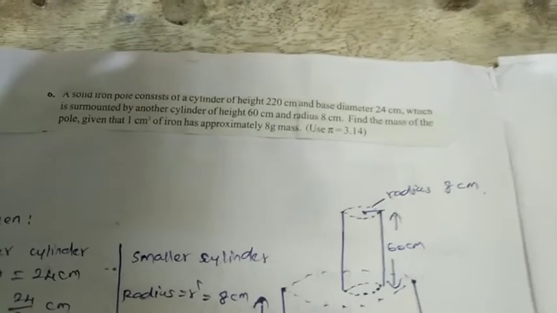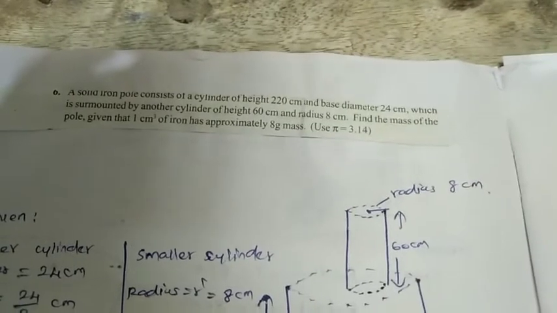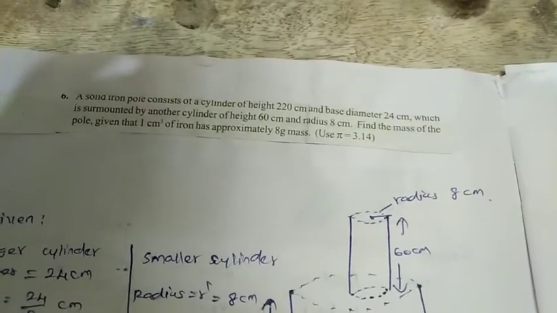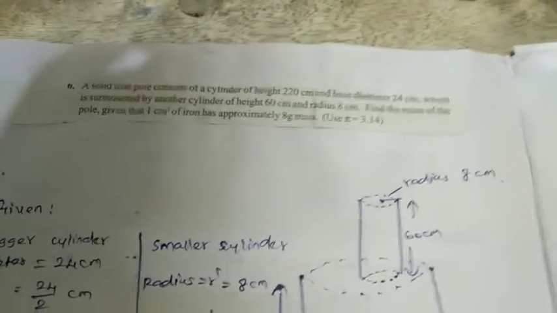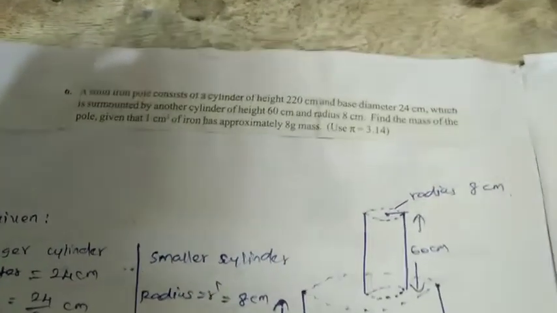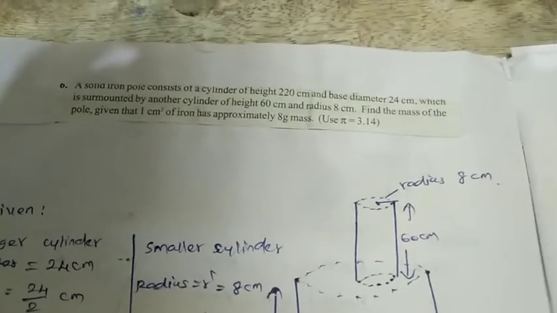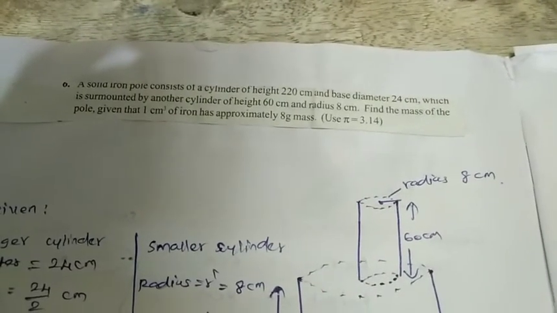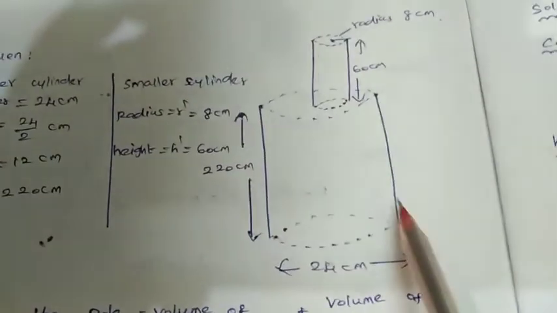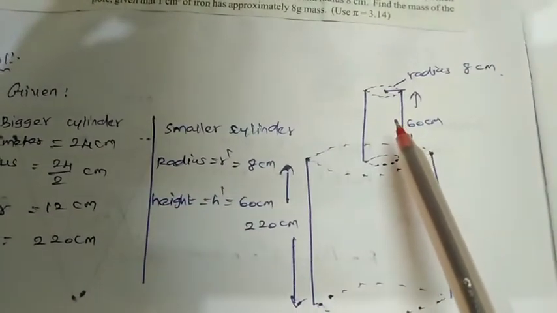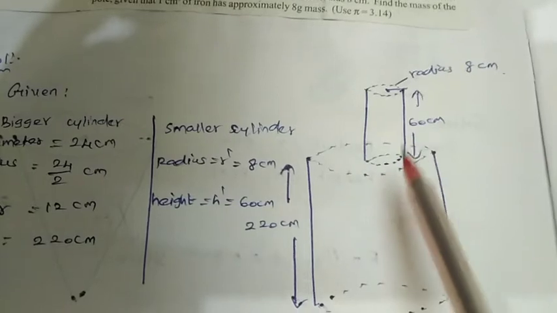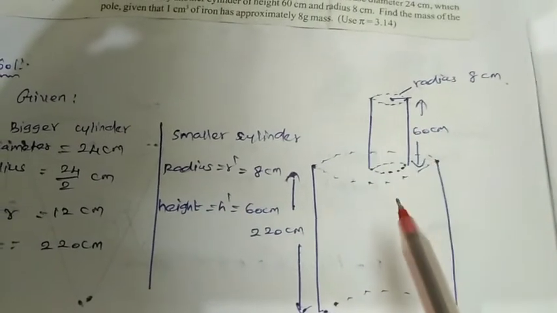Similarly for 100 centimeter cube, the volume into 8, we need to multiply. So we already have the bigger cylindrical part and the other cylindrical part, and we are going to add their volumes.